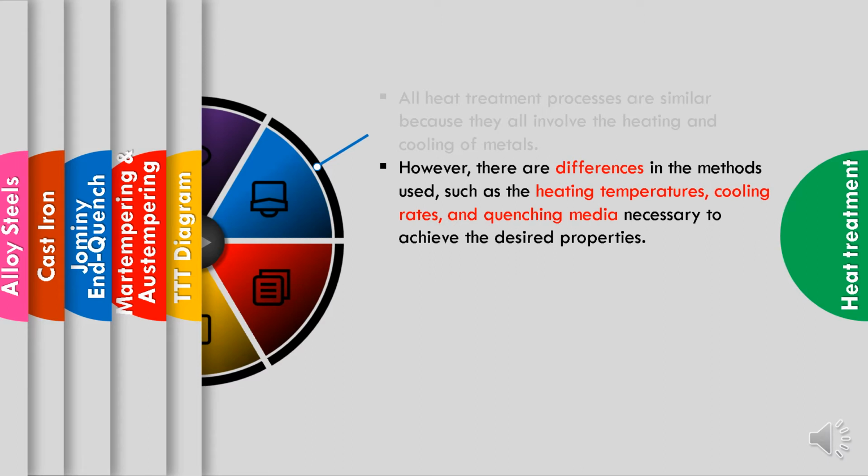There are differences in method, such as heating temperature at a certain degree, and cooling rates, maybe slow cooling rate or fast rate, and the quenching media, such as water or oil, necessary to achieve the desired properties. All those things are basically to alter the properties.